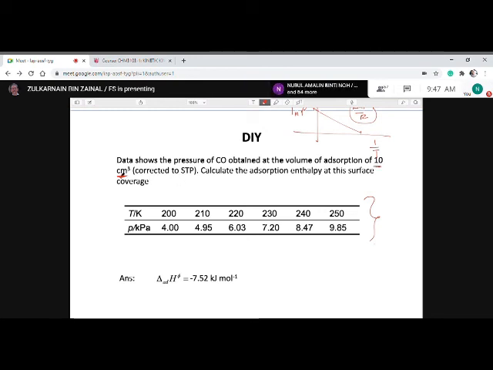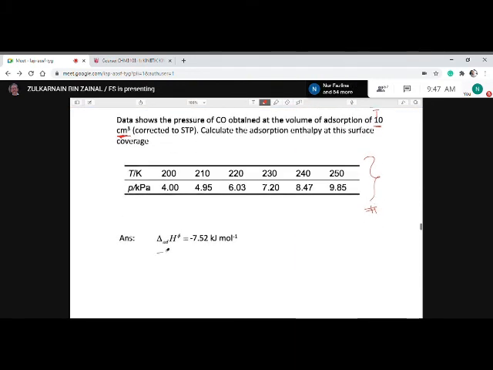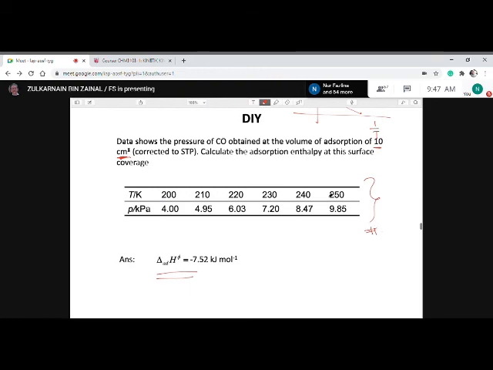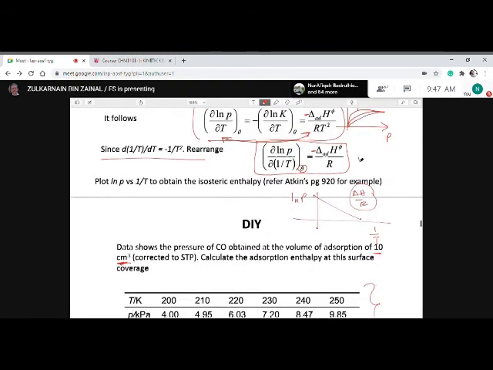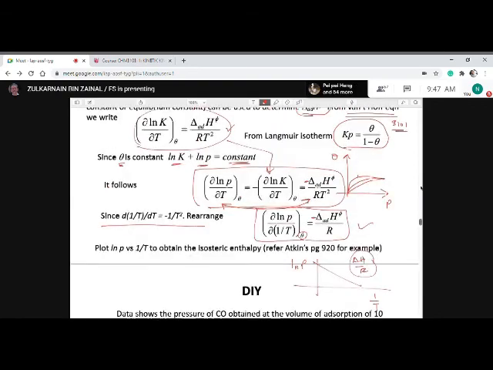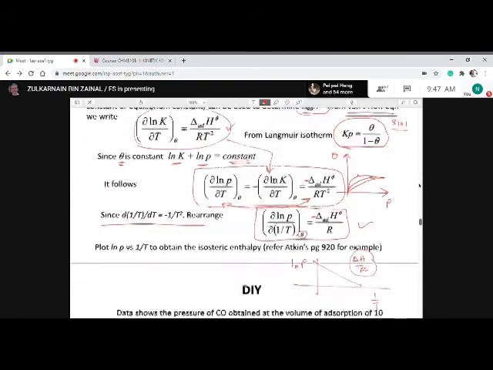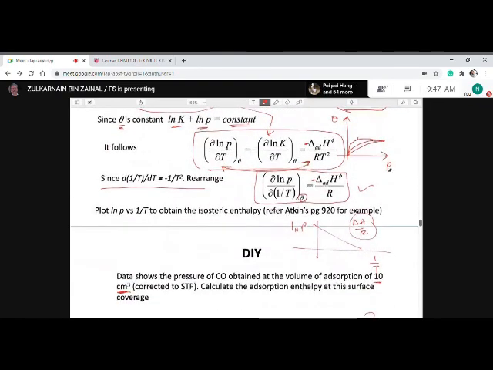The amount adsorbed on the surface is 10 centimeter cube, right? So this is the data given. From the data given, you should be able to get the value of delta H by using this equation. This is called the isosteric equation. Okay.